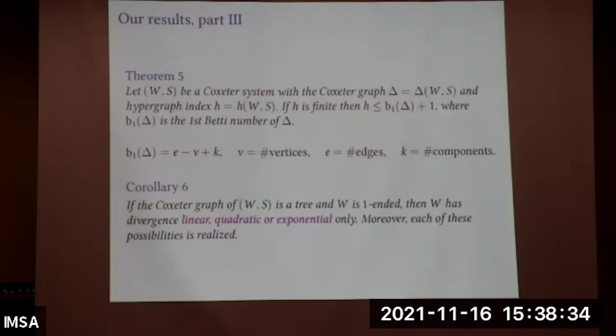The statement is, if h is finite, then it's bounded by the Betti number plus 1. In particular, if the Coxeter graph is a tree, then divergence is either linear, quadratic, or exponential, and nothing else is possible. And all these possibilities are realized.